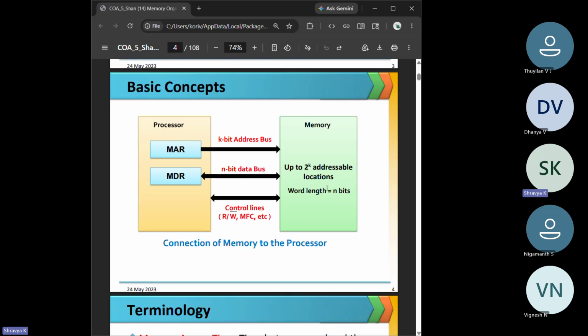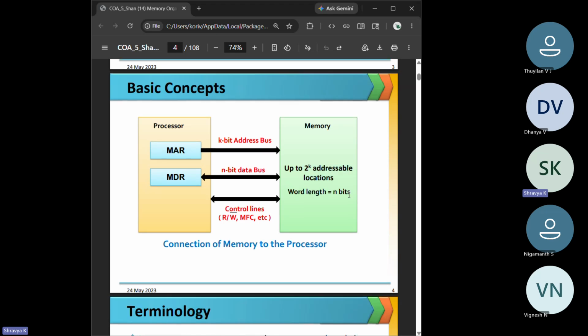This is completely different from the n-bit data bus, which deals with the word length. A word is the single unit that you can store at every addressable location, and that word could be of any length. In this case, it's n bits. So at each of the 2 to the power k addressable locations, you will have one word each, and the size of that word will be n bits.